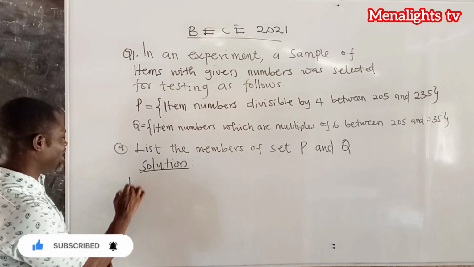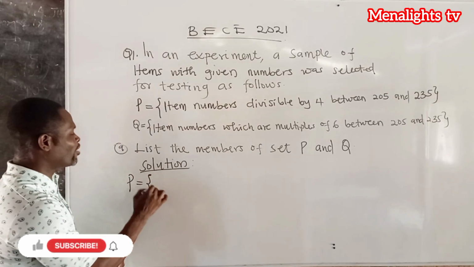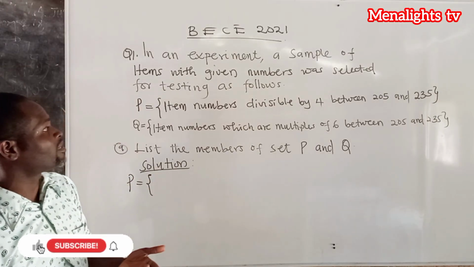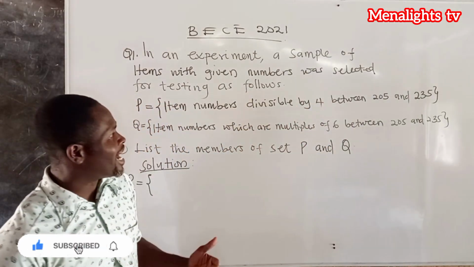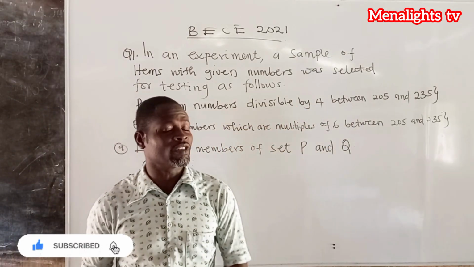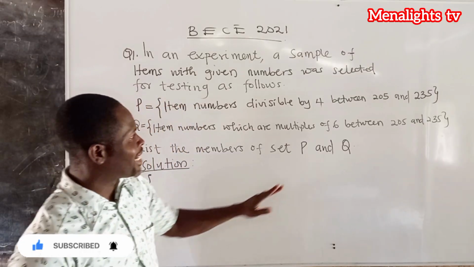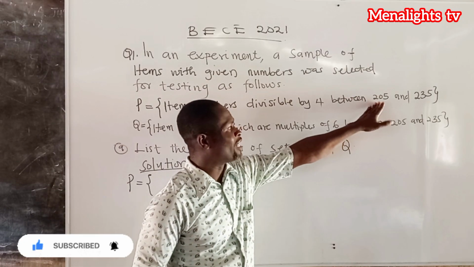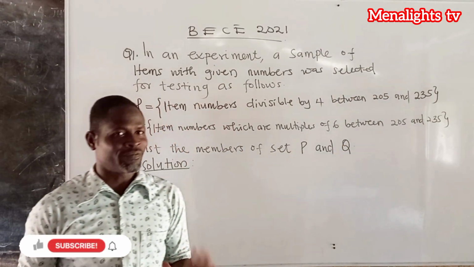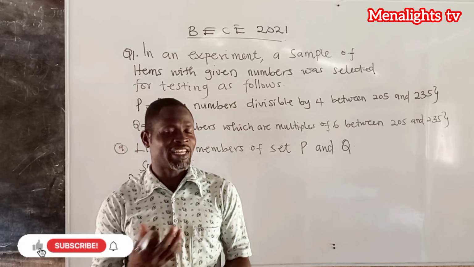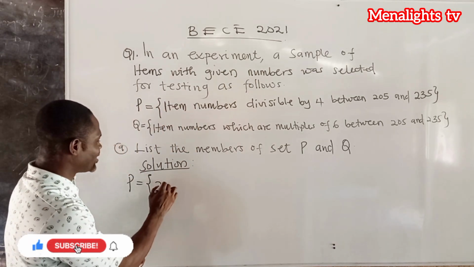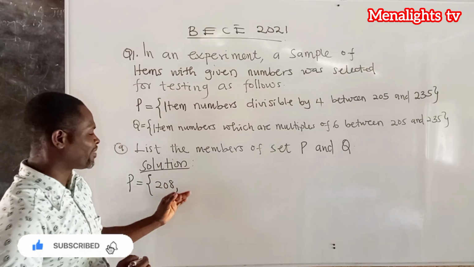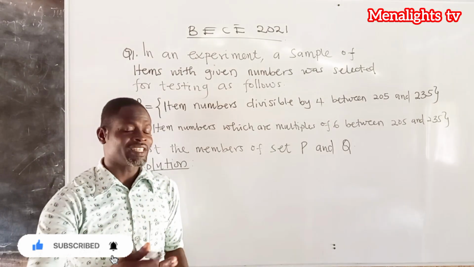Now when you come to the set P, we know there are item numbers that are divisible by 4 between 205 and 235. Now when you look at this, 4 can divide 204. So after 204, the next number that 4 can divide will be 208. Then after that, all we have to do is increase it by 4.